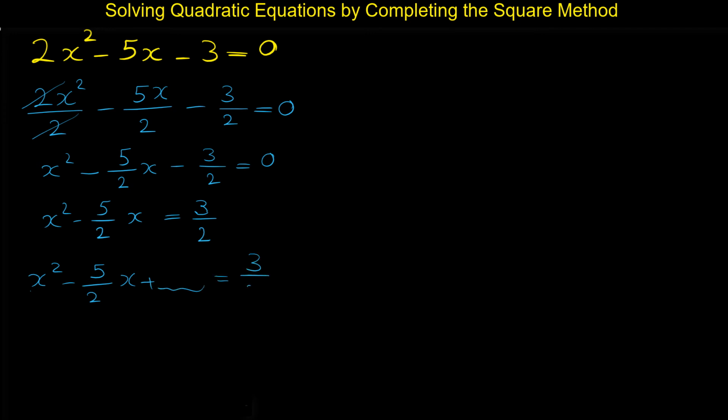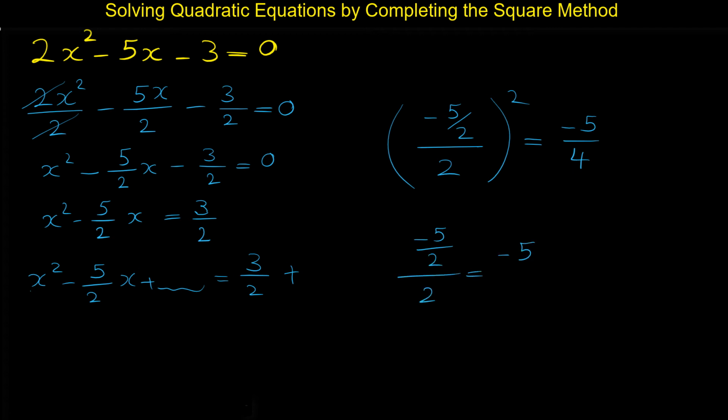What is that number? As usual, we have to divide the coefficient of x by 2 and square it. So we have to divide negative 5 over 2 by 2 and square it. Note that negative 5 over 2 divided by 2 is actually negative 5 over 4, because negative 5 over 2 divided by 2 is negative 5 over 2 times the reciprocal of the denominator. The reciprocal of 2 is 1 over 2.